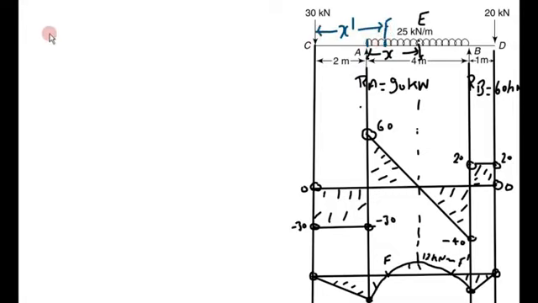Now we have to calculate bending moment about point F. So 30 kilonewton is at a distance of x dash meter from point F, and this tends to rotate the beam in anti-clockwise direction. Next is RA. RA is 90 kilonewton.